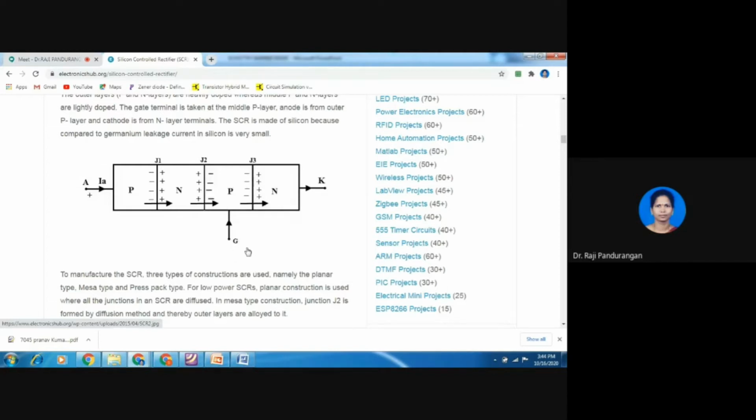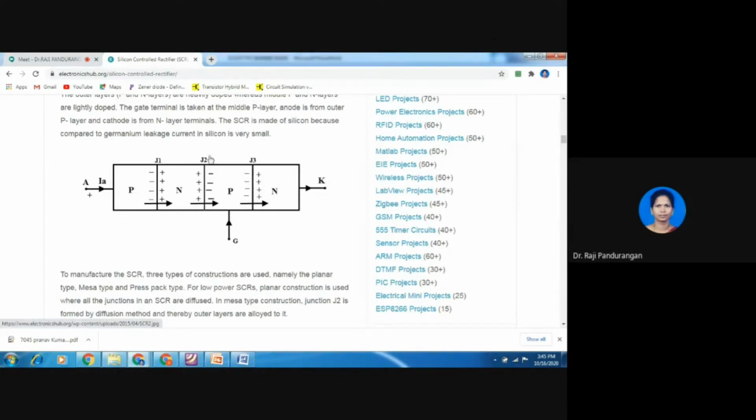I'm repeating it again. Based on the gate voltage only, conduction will be there. If gate voltage is very less, less than 0, we see J2 junction is reverse biased. Reverse bias means no contact, so in such case, no conduction. If I increase the current in the gate terminal, what happens?